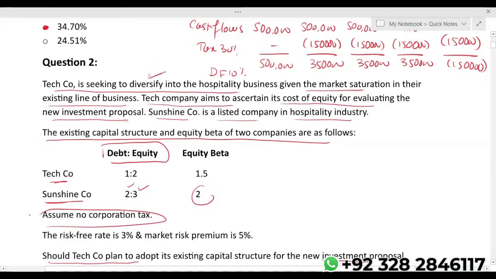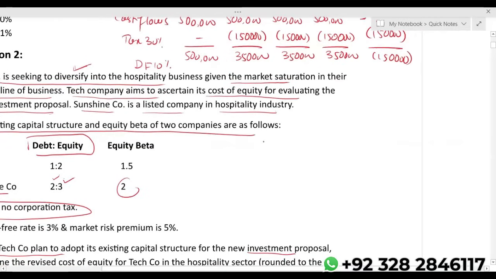Okay, now, first we have to de-gear Sunshine Company's equity beta to calculate beta asset. So logically now we have to convert this equity beta into beta asset.